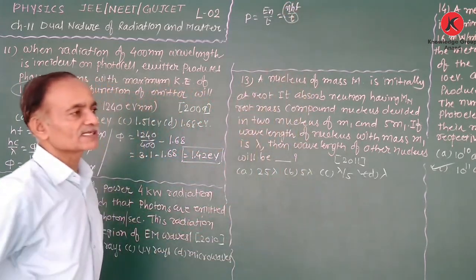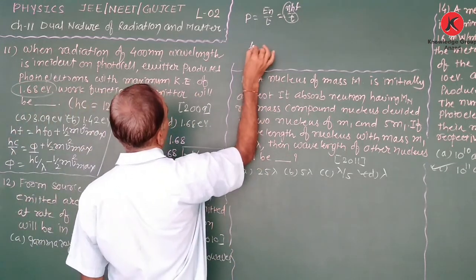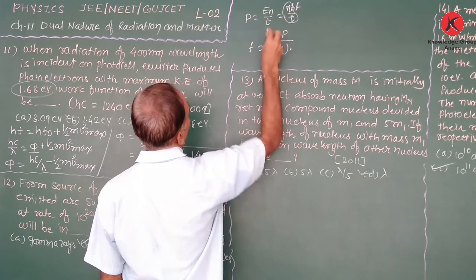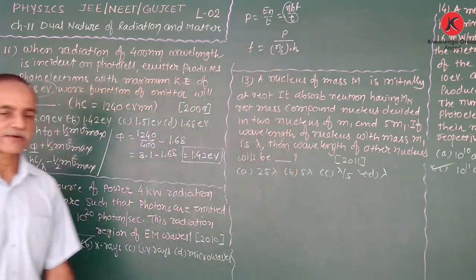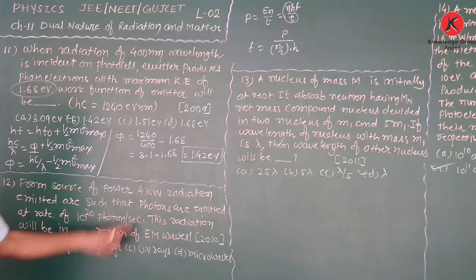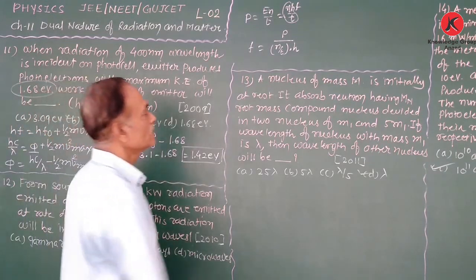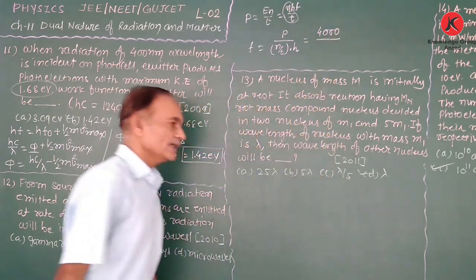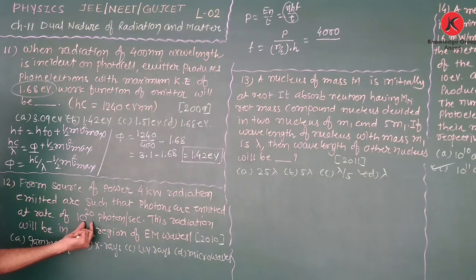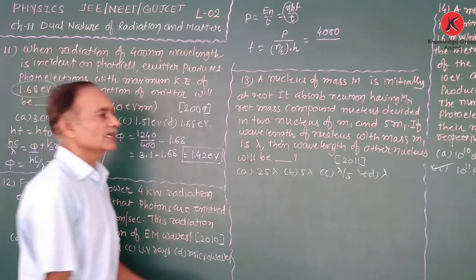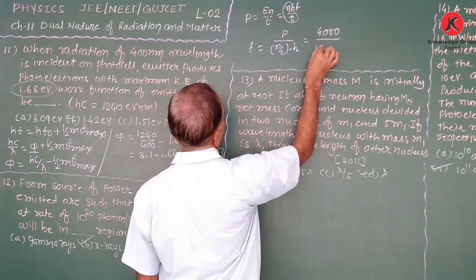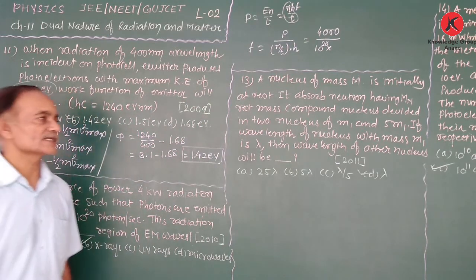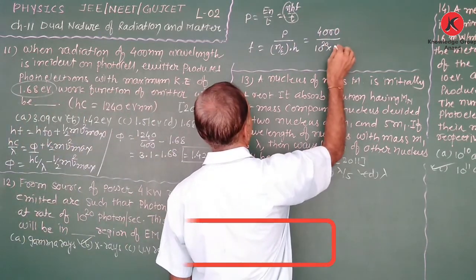As we want to find the frequency f, therefore f is equal to P upon (n upon t) into h, Planck's constant. Power is given as 4 kilowatt, therefore 4000. n upon t, the number of photons emitted per second, 10^20 is given. Into Planck's constant 6.62 into 10^-34.